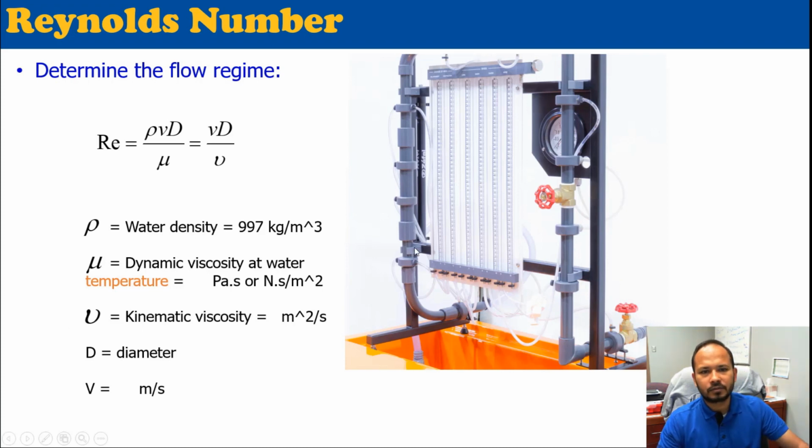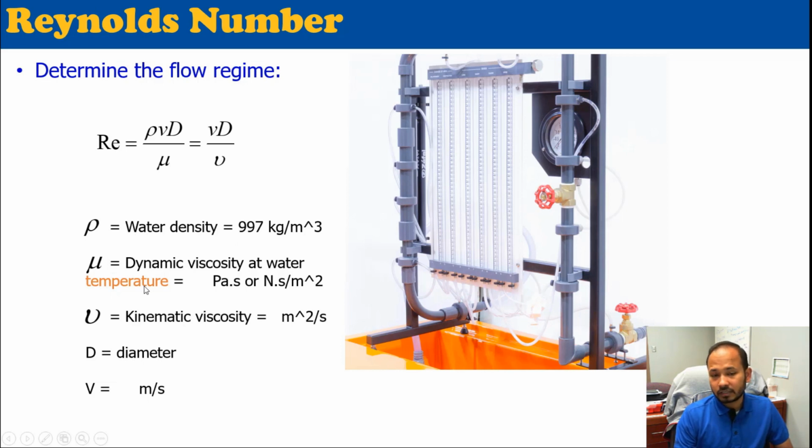Okay, so the Reynolds number. Again, for this type of flow, we can also find the Reynolds number using the same theory that we covered for Lab 8A. We know the water density.